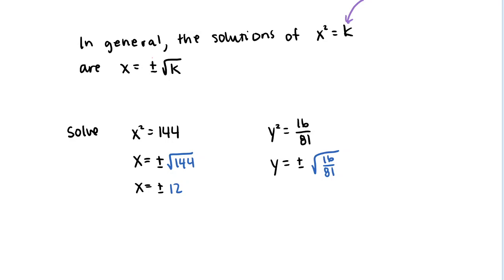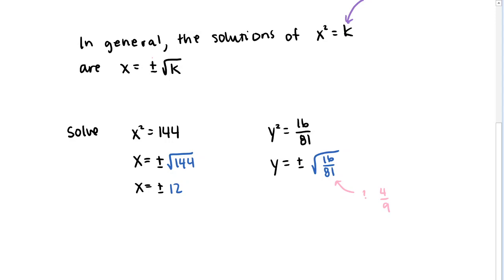And notice that 16 is a square, 81 is a square. Right, the square root of 16 is 4, and the square root of 81 is 9. So it feels like a reasonable guess to say maybe 4 over 9.